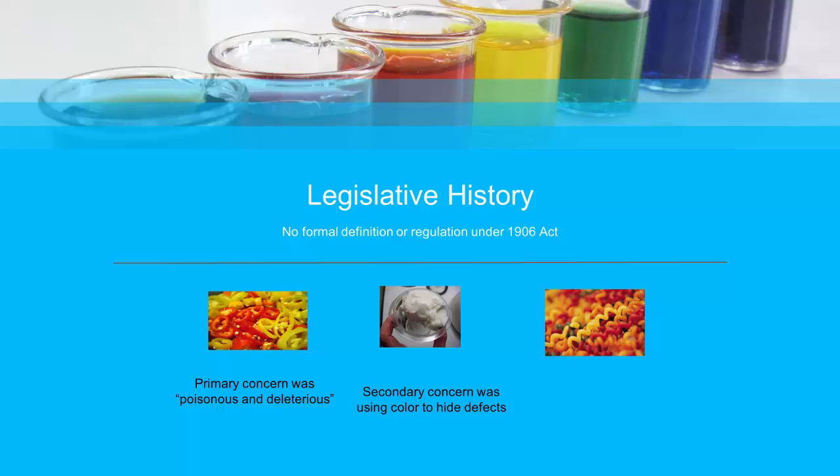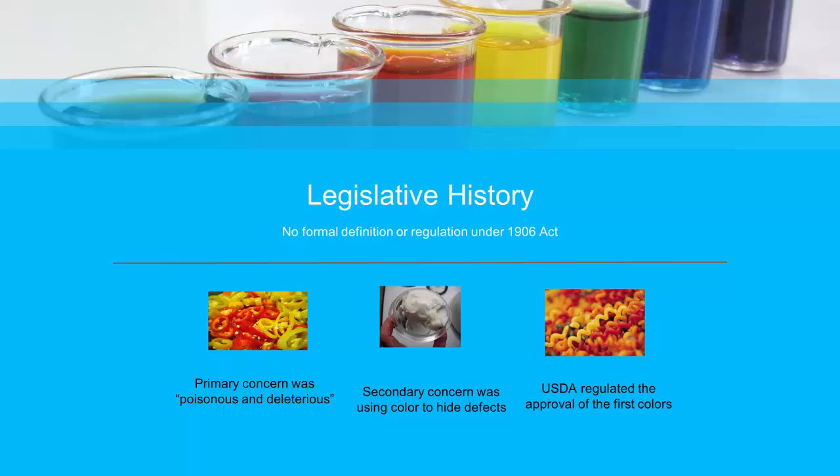Was there something wrong with the product that the color would come in and attempt to hide and be very nefarious in that way? So that was a secondary concern. Something we don't see as much, as we'll talk about in the 1960 amendment. Still a concern and still something that business is sensitive to, but the primary emphasis has shifted. As you saw in the reading, it's pretty unique in that the color approval process was first handled by the USDA.